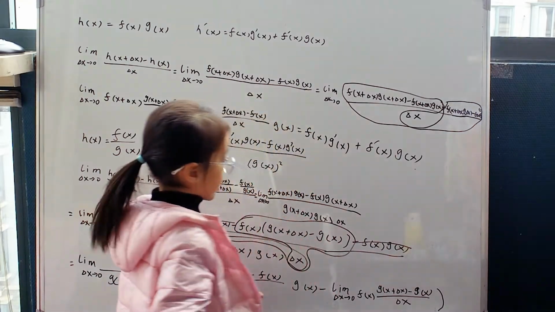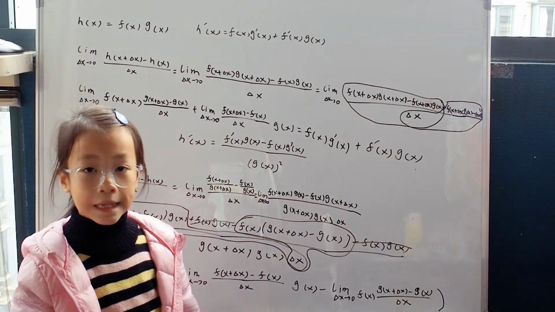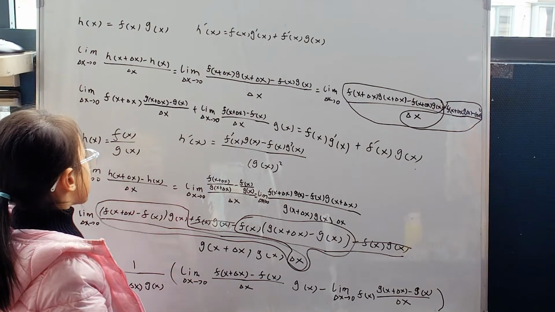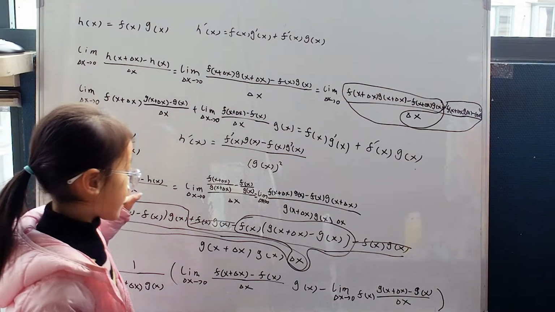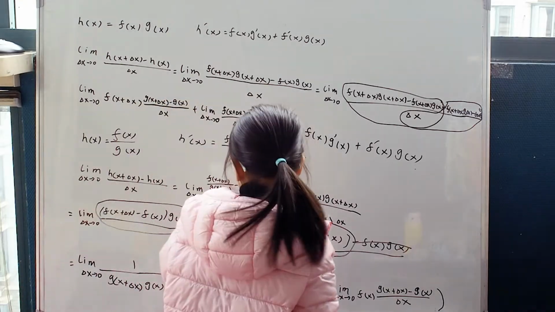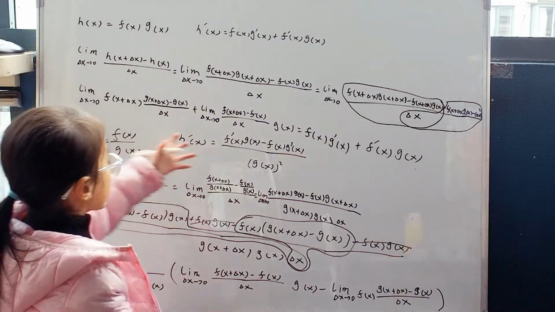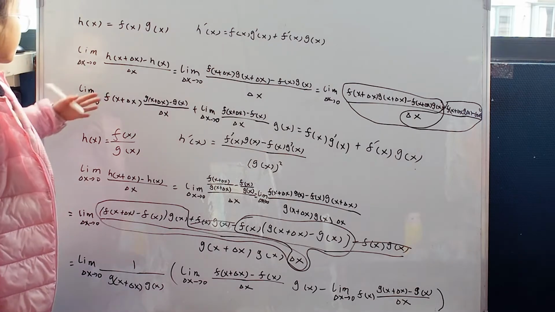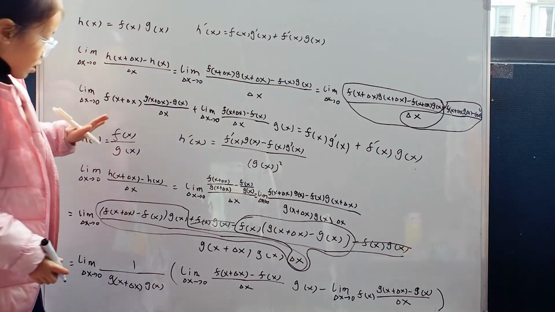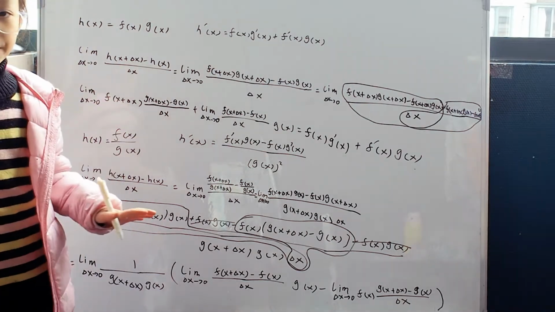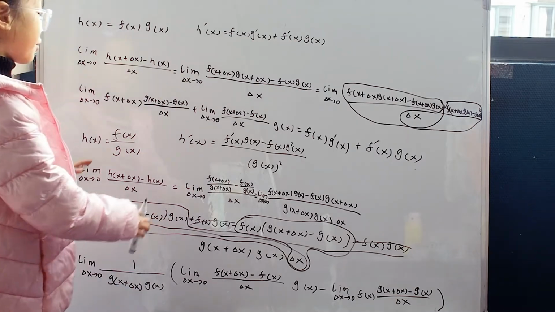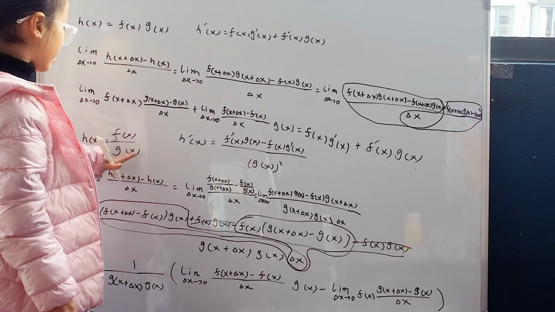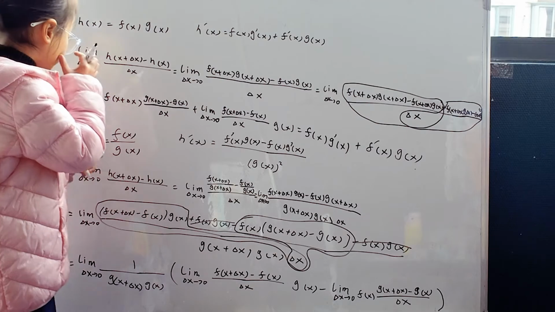Actually there is another way to solve this problem. Because we have proved the product rule, we need to prove the quotient rule.